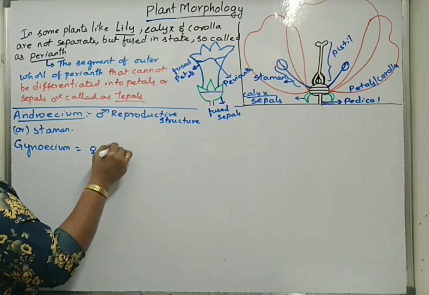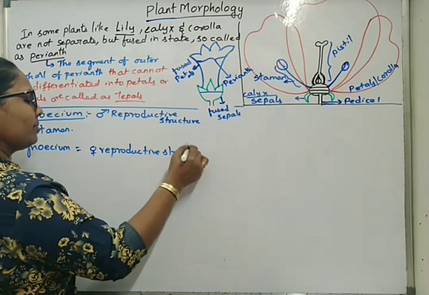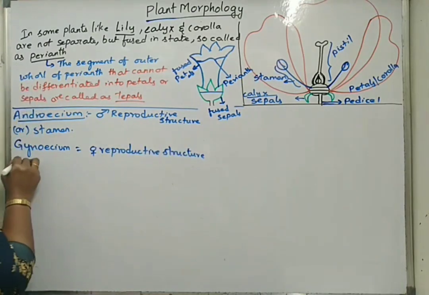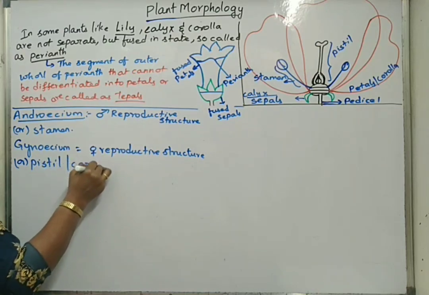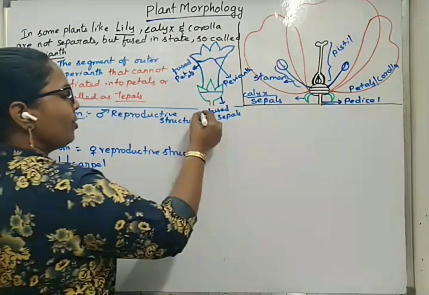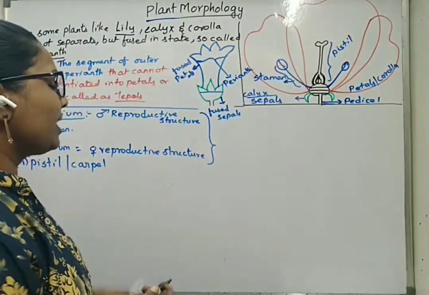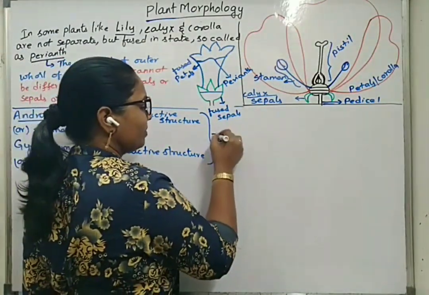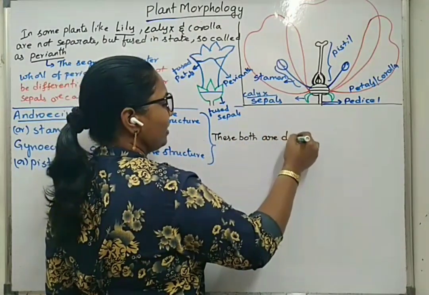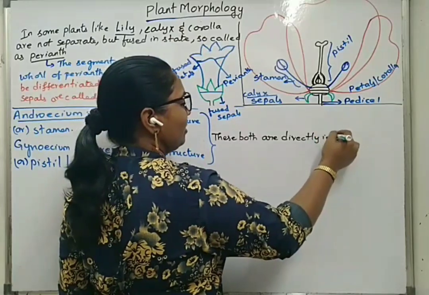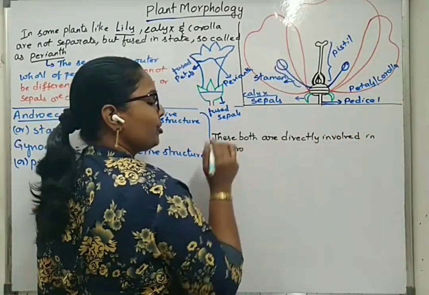Gynoecium is the female reproductive structure or pistil or carpel. These both are directly involved in reproduction, so they are called essential parts of a flower. These both are directly involved in reproduction by producing the gametes.